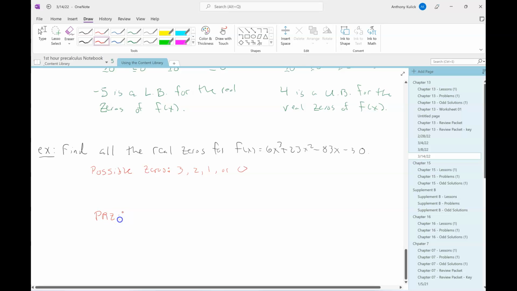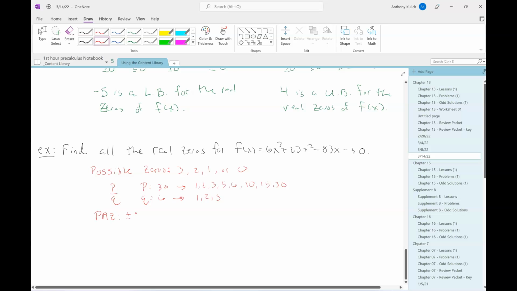So of those, possible rational zeros are everything of the form P over Q, where P is 30 and Q is 6. So my factors of 30 are 1, 2, 3, 5, 6, 10, 15, and 30. My factors of 6 are 1, 2, 3.